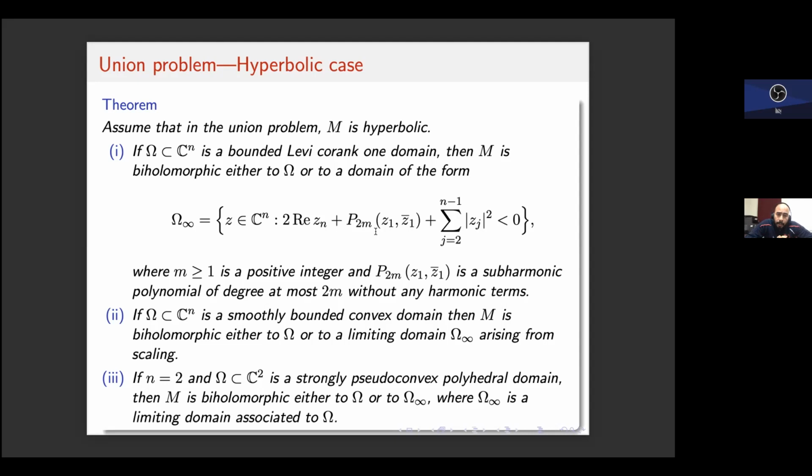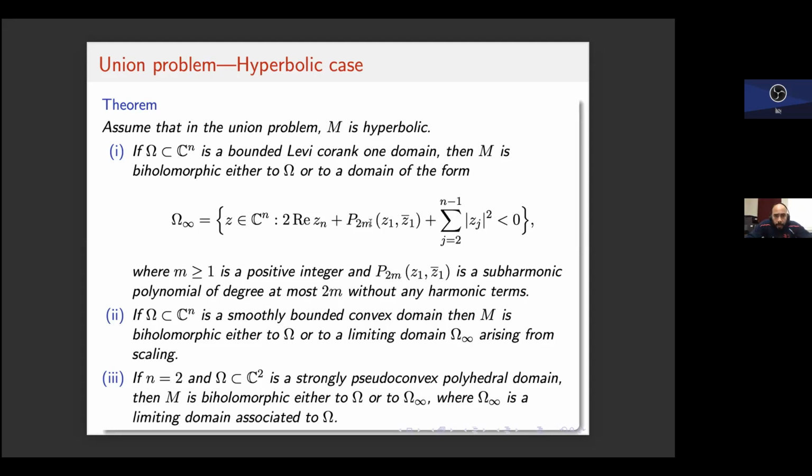What I want is that at most one eigenvalue is allowed to be 0. In other words, strongly pseudoconvex domains, for which all the eigenvalues are positive, are Levi corank 1 domains. Or if we are in C^2, then any pseudoconvex finite type domain is actually a Levi corank 1 domain because of a dimension argument. All right.